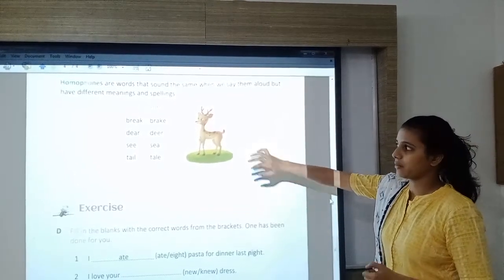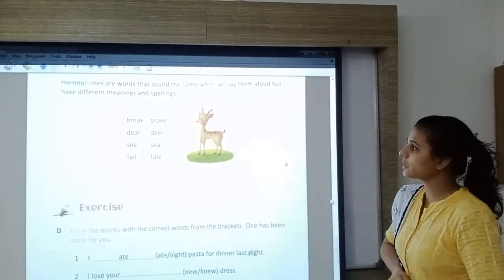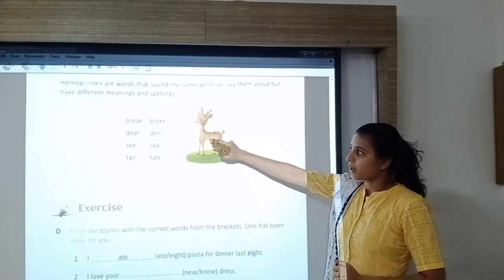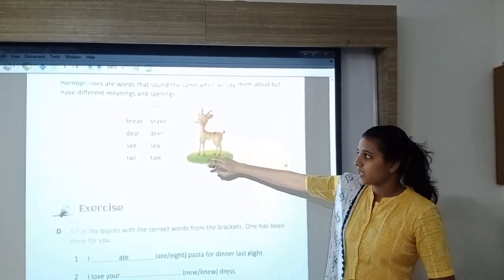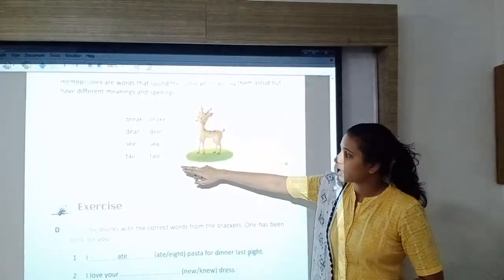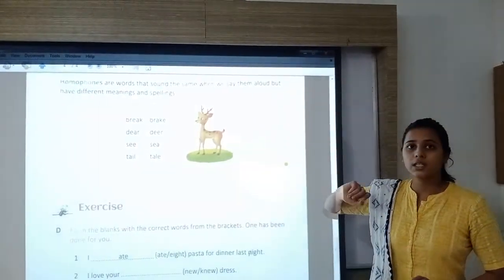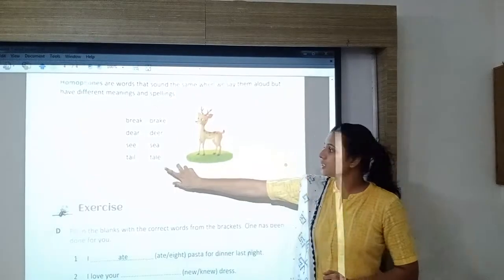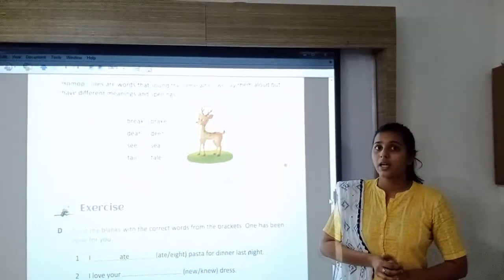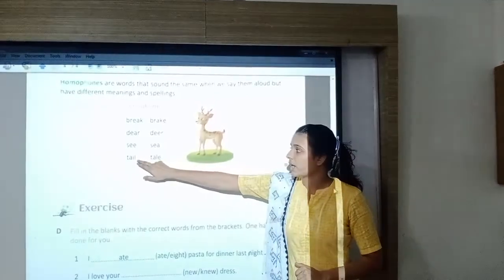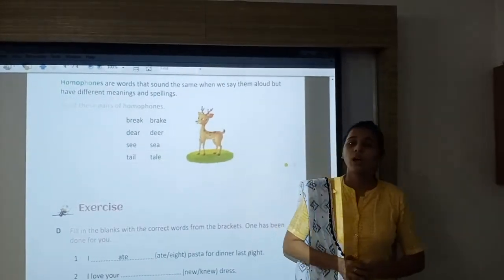Let us see some examples of homophones. Break and break, dear and deer, see and sea, tail and tale. You can see both these words are pronounced similarly but have different spelling and different meanings.